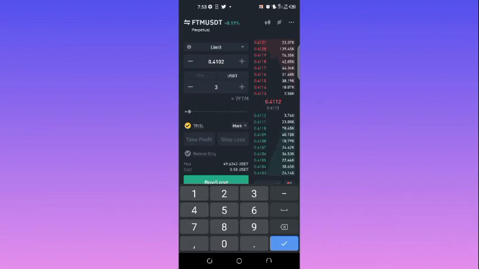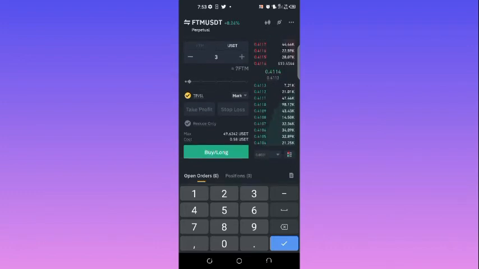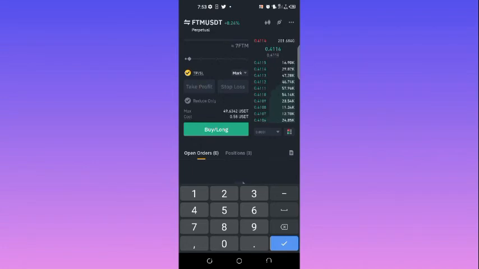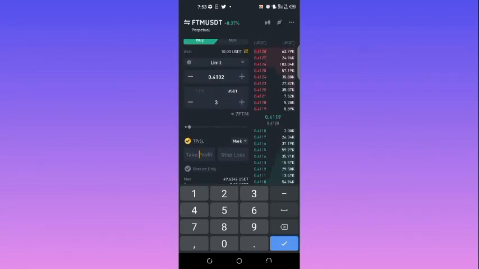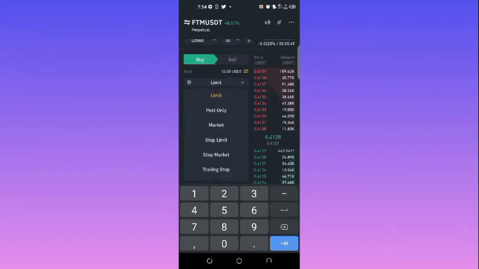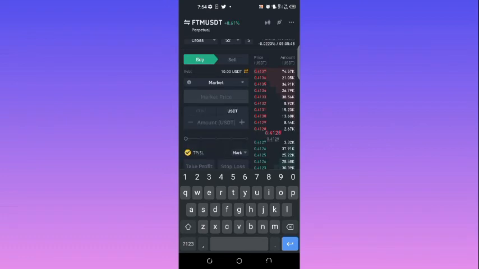But I'll be closing this buy real soon, so I won't like to wait so much of a time. So I'll just go with that.